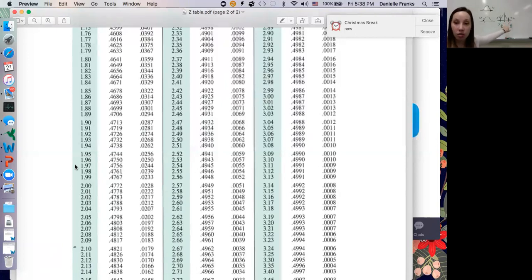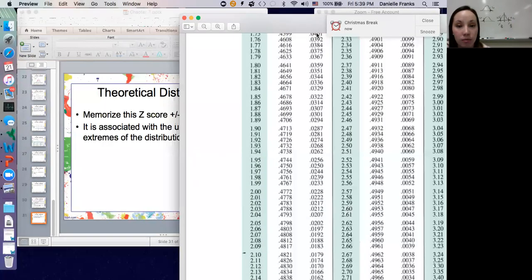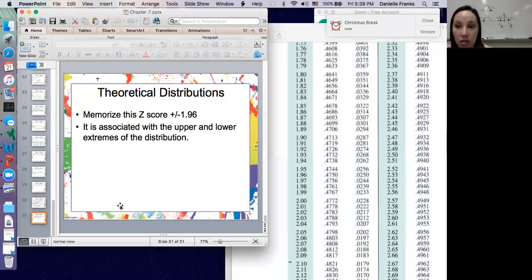Once our scores are bigger than 1.96 on the positive side and 1.96 on the negative side, we start moving into statistically significant territory, if you will. So it's very important that we understand that 1.96, both on the positive and negative side, begins our statistically significant threshold. So make sure to memorize that z-score.